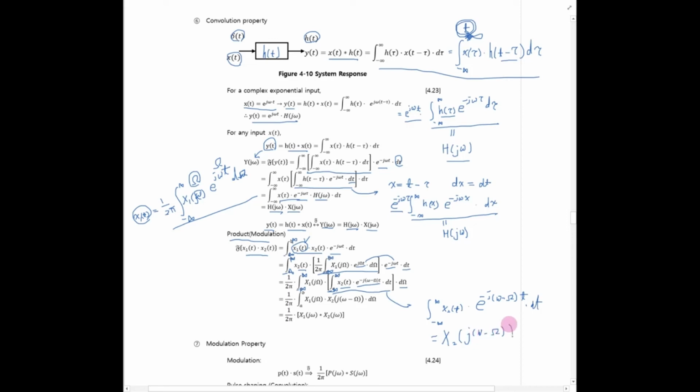Frequency shifting, okay? So it becomes this one, and X1(j Omega) this one. This should be a minus infinity to infinity integration. The 1 over 2 pi comes from this factor. So look at here, X1 and X2 are integrated over Omega. It's a convolution operation. So it's 1 over 2 pi times X1(j omega) and X2(j omega) convolved here. It means that if signals are a product in the time domain, in the frequency domain they are convolved.